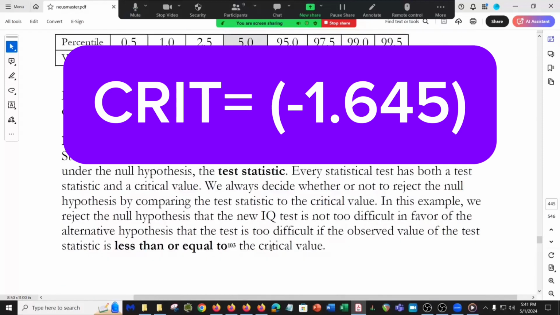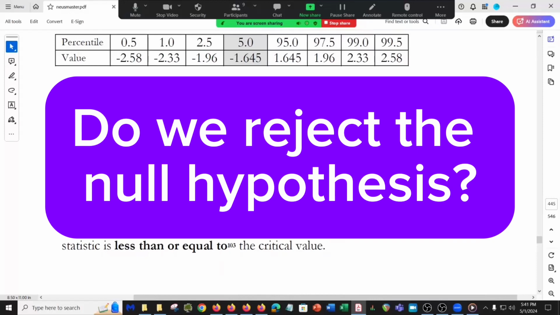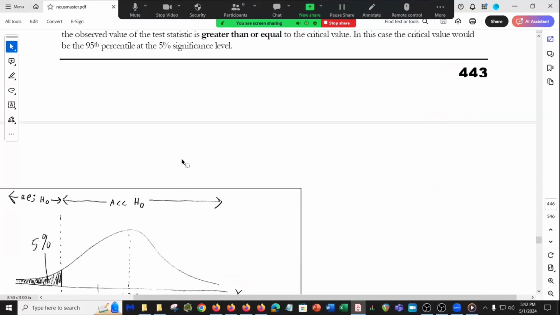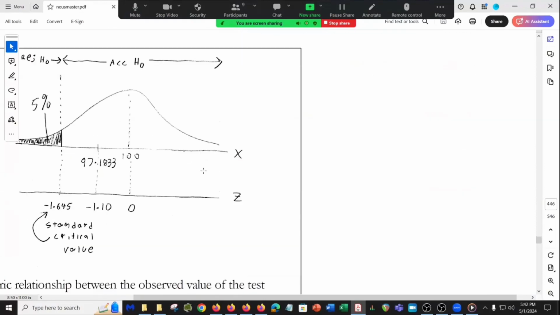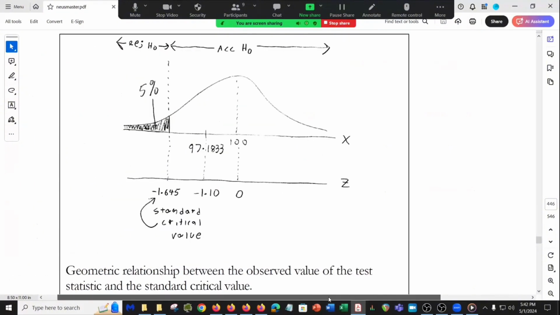Okay, we have that. We now have to decide whether or not to reject the null hypothesis. So how do we do this? Let's just make a little table and just put it all in one thing, or a little diagram. However we're going to do it is fine.